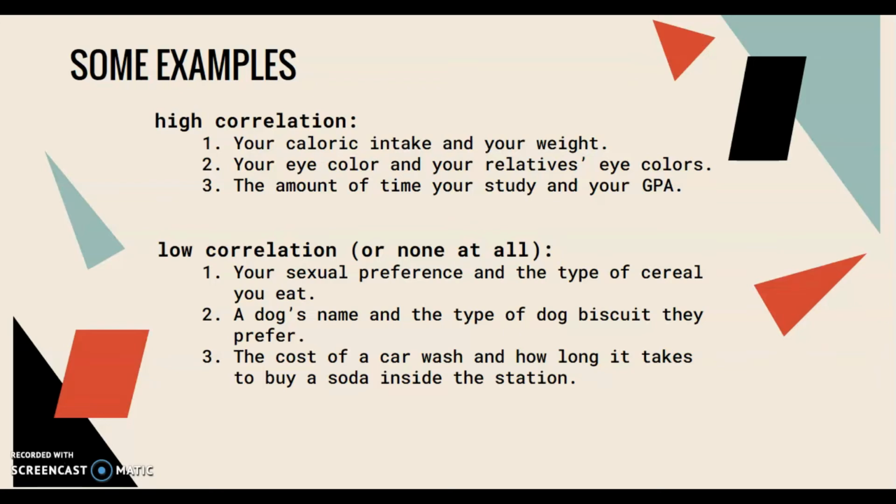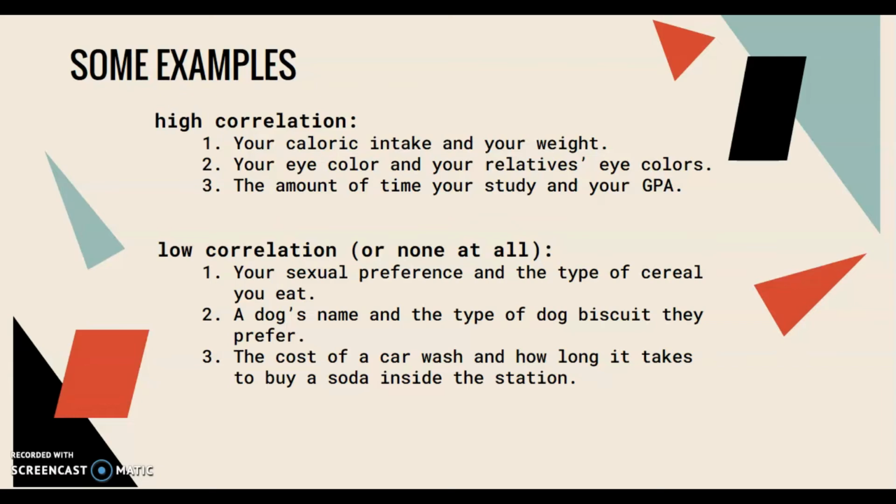So these are some examples of variables having high correlation and low correlation. The first example is, of course, your caloric intake and your weight. Is there correlation between the two variables? Yes, there is a high correlation, because if you have more caloric intake, you will gain weight.